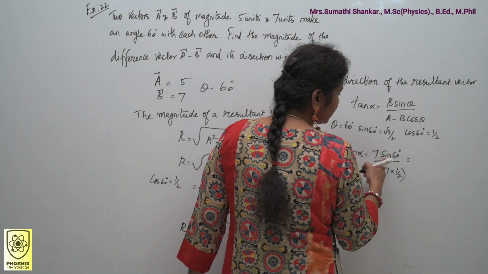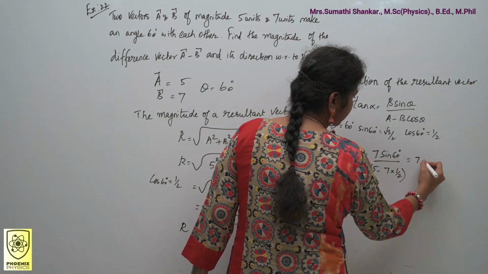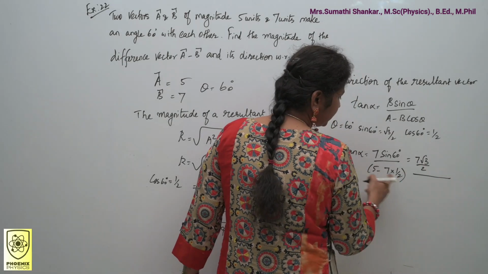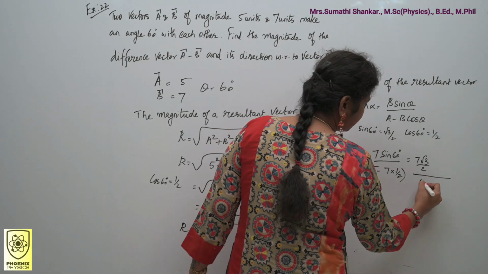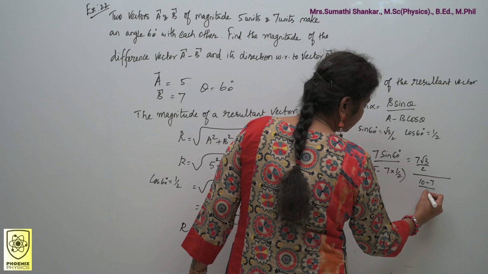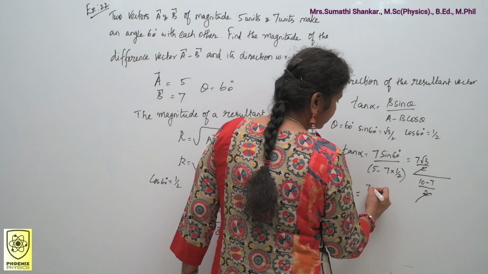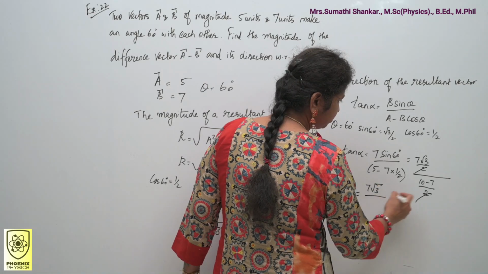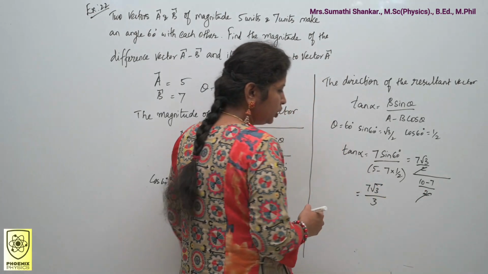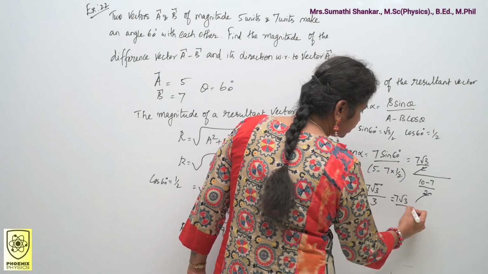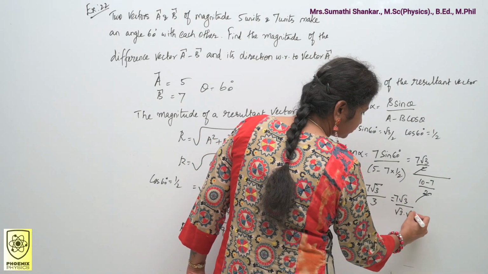So what is our sin 60 degree? Root 3 by 2. Root 3 by 2 divided by, here take LCM, 10 minus 7 divided by 2. Cancel this 2. 7 root 3 divided by 3. So 3 can be written as root 3 into root 3.